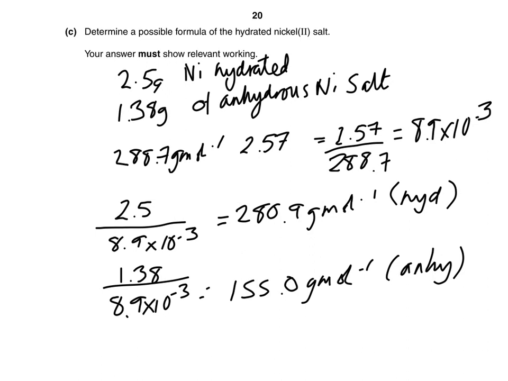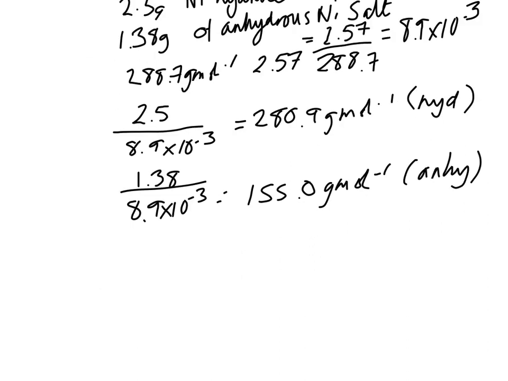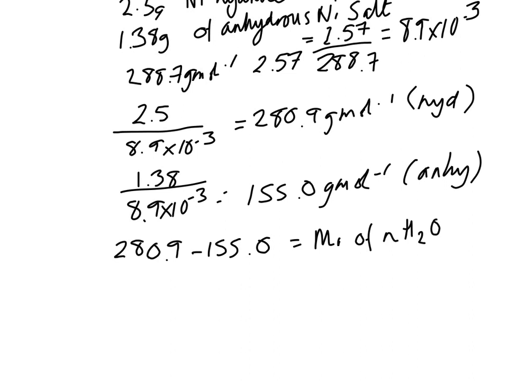Okay. Right, so let's move this up slightly. There's more than one way around this, but to work out the molar mass of our water, it's going to be the difference between the two. So that's going to be the molar mass of our n number of water molecules, which comes out at 25.9.